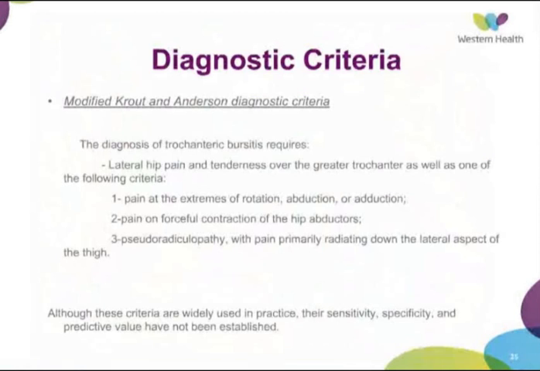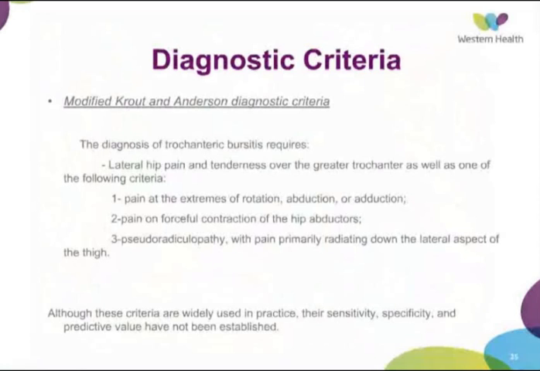They have tried to describe some diagnostic criteria. One of them was the Pratt-Anderson diagnostic criteria. In order to diagnose trochanteric bursitis, they said there should be lateral hip pain and tenderness over the greater trochanter, along with one of the other criteria. One of them is pain at the extremes of rotation or abduction, or pain when there is forceful contraction of the hip abductors.